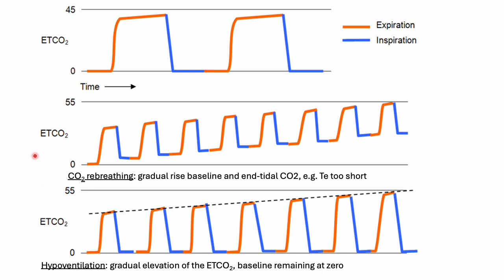Okay, so these are just two examples of what might happen. The most common is actually the one at the bottom. Don't worry too much about the one in the middle. Okay, in the interest of time, I'm just going to skip this. The one at the bottom talks about hypoventilation. Okay, what happens when your ventilation is not sufficient and therefore CO2 starts to accumulate within your bloodstream? Then what will happen to the end-tidal CO2?